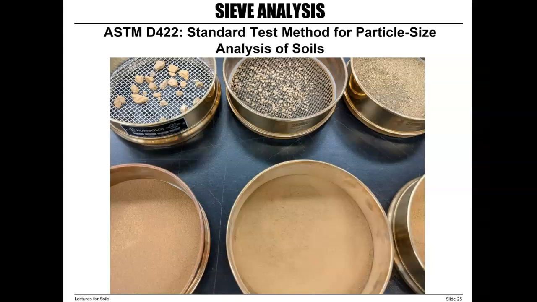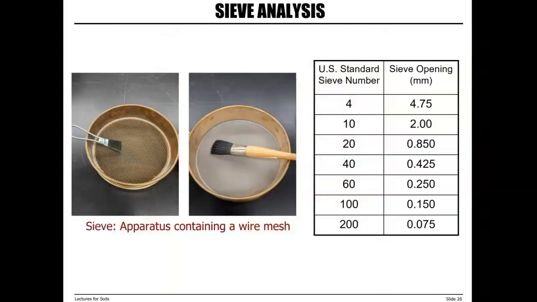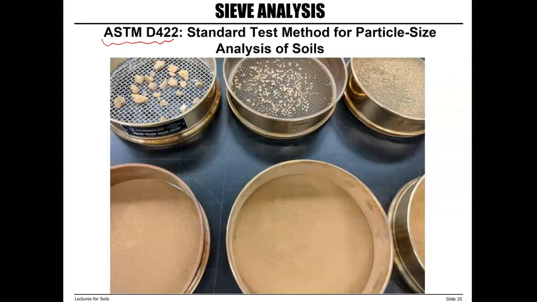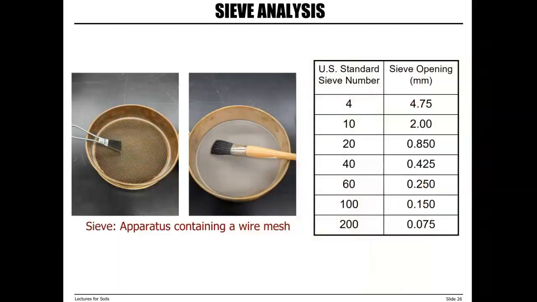Sieve analysis, the ASTM designation is D422, a standard test method for particle size analysis of soils. You need to select a set of sieves with different opening sizes. So as you can see here, we have sieves with different opening size.